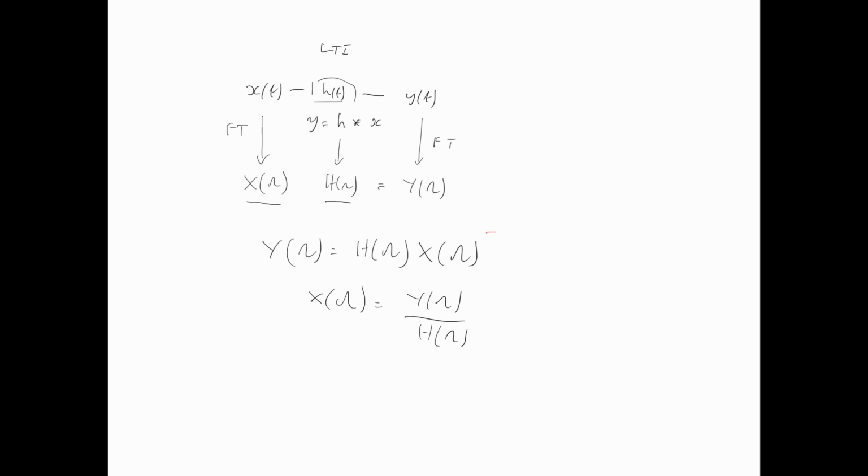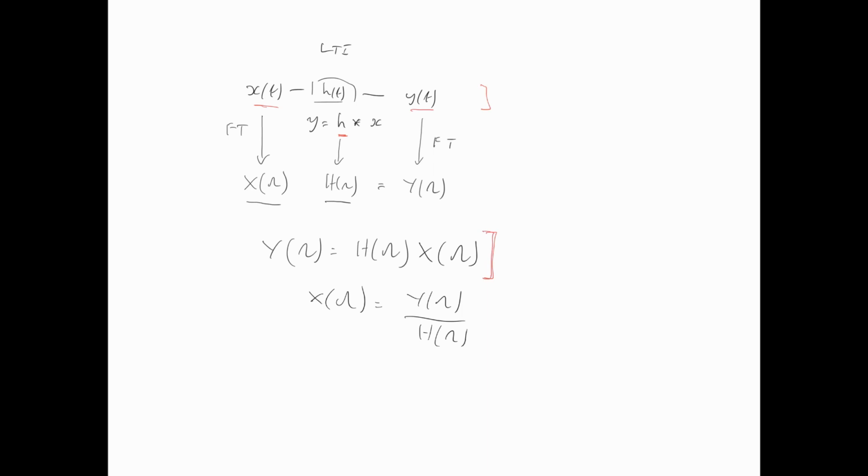Note that in the frequency domain, the channel behavior separates. In the time domain, the output y of t can depend on all of x of t. If the impulse response h is doubly infinite, if it's infinite in both directions, then the output now depends on both the past and future inputs. It can be quite complicated.